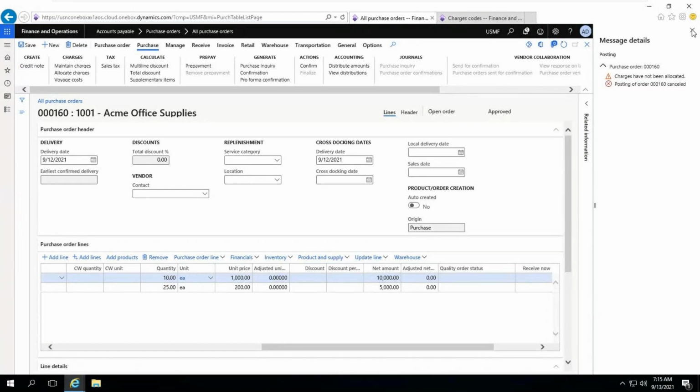Okay, so let me close. Now select the second line and click on financials, and maintain charges.